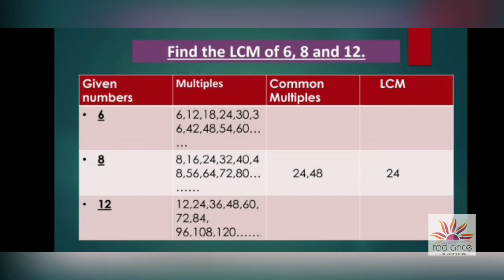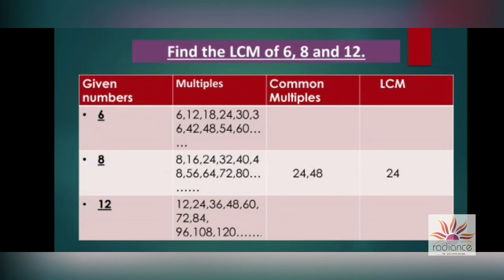Number 8 has 8, 16, 24, 32, 40, 48, 56, 64, 72, 80 and so on. And number 12 has 12, 24, 36, 48, 60, 72, 84, 96, 108, 120 as their multiples.